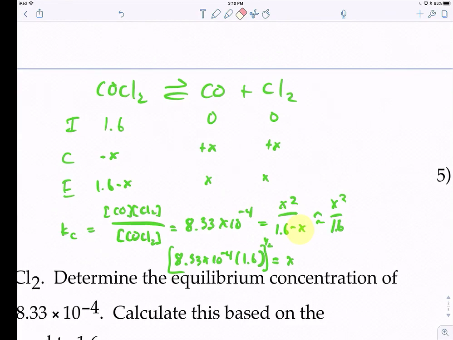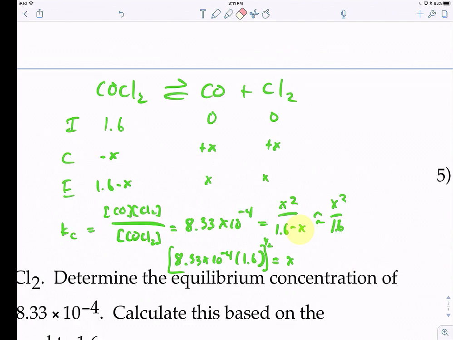So write the initial, change, equilibrium: initially 1.6 molar COCl2, no products. So we shift right, lose an x of COCl2, gain an x each for carbon monoxide and chlorine. Then equilibrium: 1.6 minus x, x and x for the products.